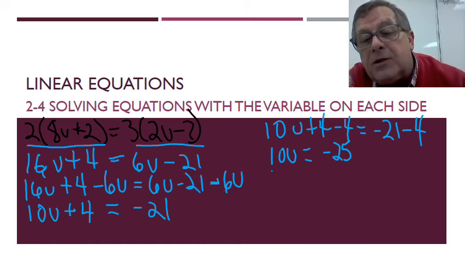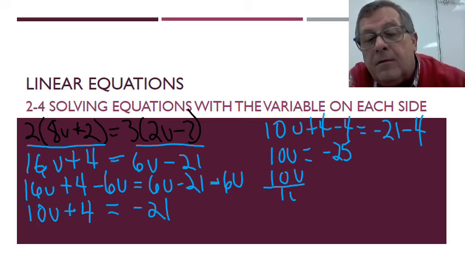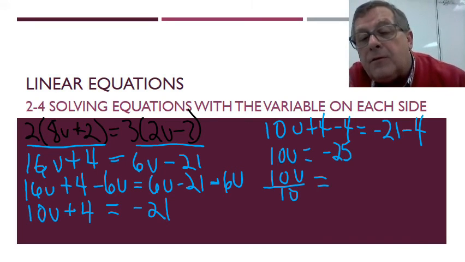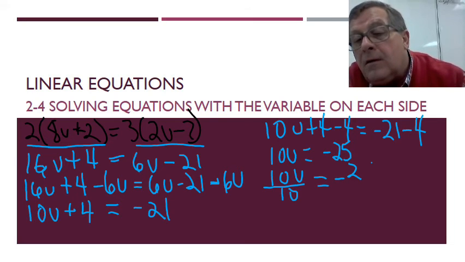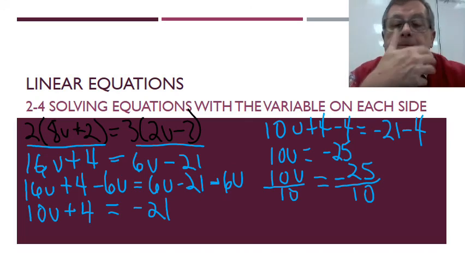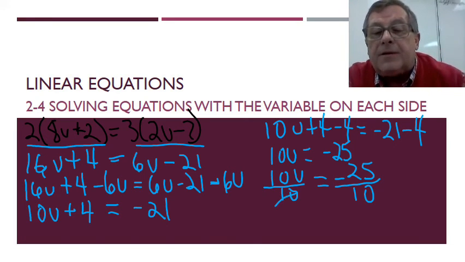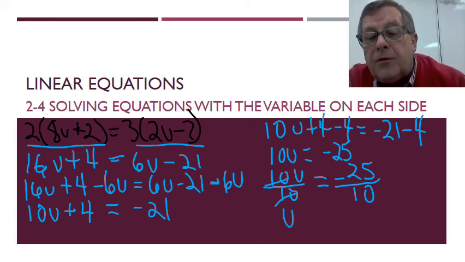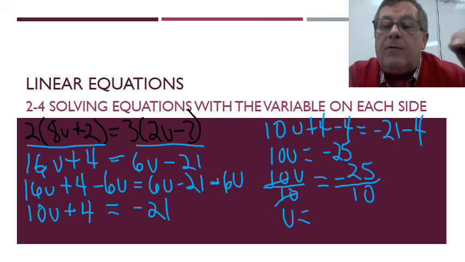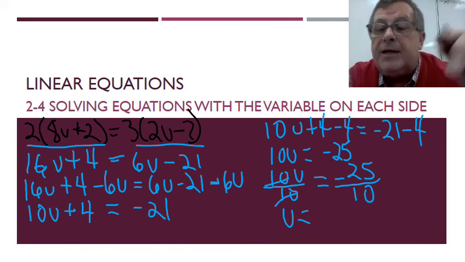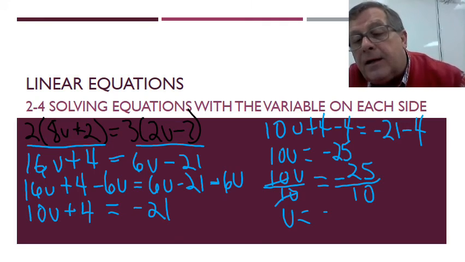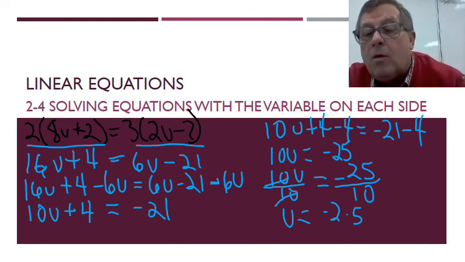Now, I take my last step to isolate the variable because I got 10u, and so I'm going to divide both sides by 10. So I got 10u over 10. When I put something over or under it, I'm indicating division. Got negative 25 divided by 10. On my left-hand side, the 10s cancel. I'm left with u equals, and when I divide 10 into negative 25, I get negative 2.5 if I put it in decimal form.